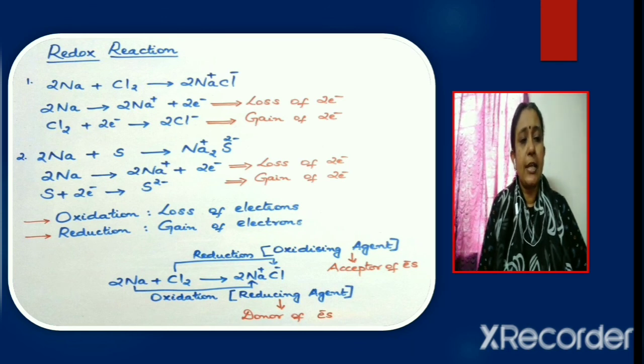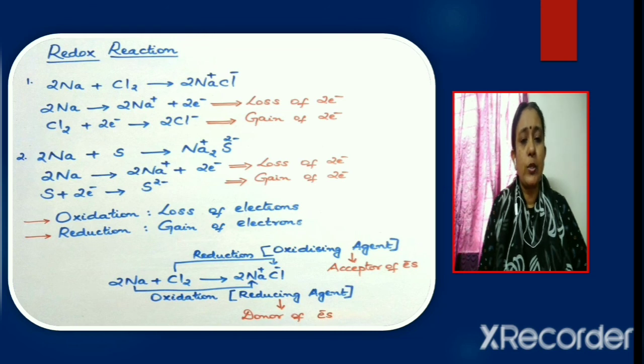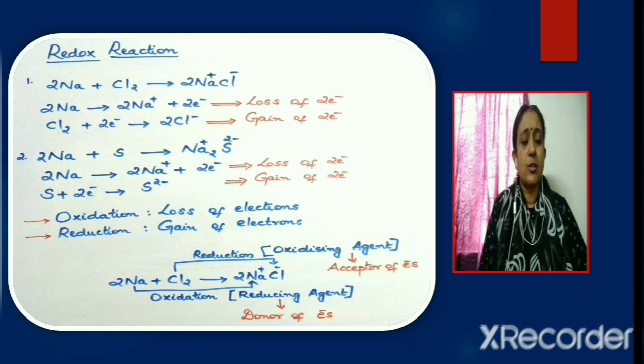Now consider the equation 2Na plus Cl2 gives 2NaCl. Here it is sodium which undergoes oxidation and chlorine which undergoes reduction. Since oxidation is taking place in sodium, sodium will be the reducing agent. And since reduction takes place in chlorine, chlorine will be the oxidizing agent.